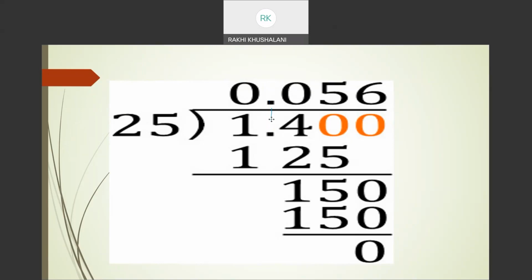Okay. Now, the 1 cannot be divided by 25. So I have to just do the regular division as you do it with whole numbers. Don't let that decimal in between disturb your mind or make you think anything.